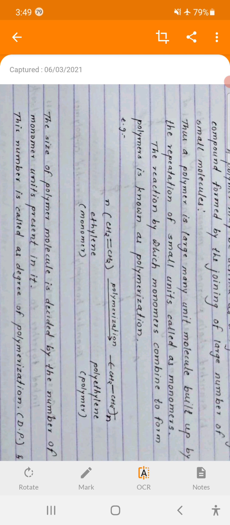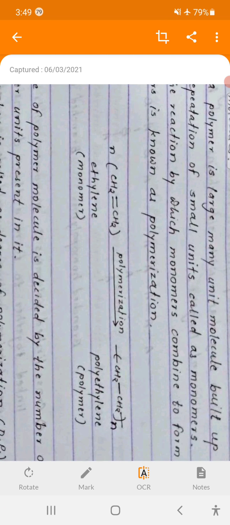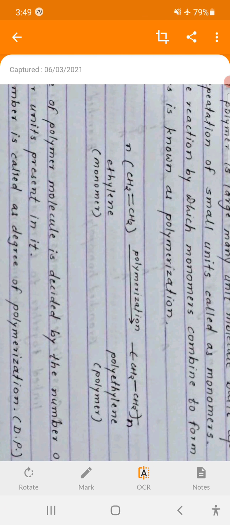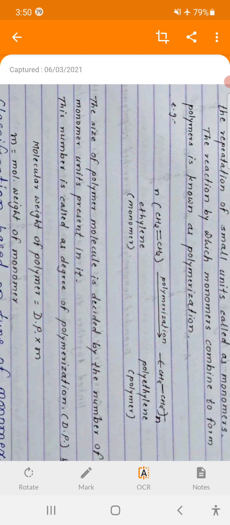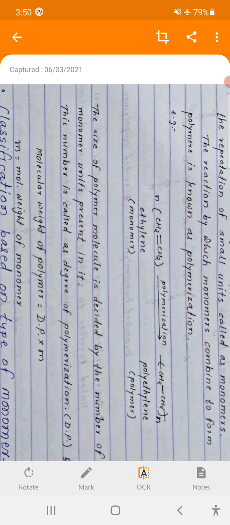The process of formation of polymer, that is a long chain, by joining small molecules known as monomers, is known as polymerization reaction. Polymerization reaction is nothing but the process of formation of polymer molecule.